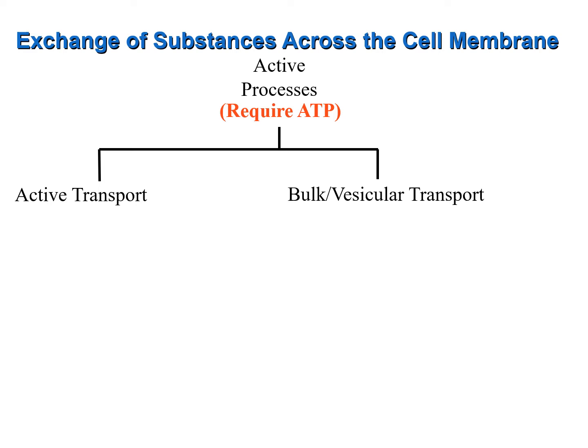On the other hand, if the substances are large, or if the cell needs to move them across the plasma membrane in large quantities, then bulk or vesicular transport is used. Let's first talk about active transport.